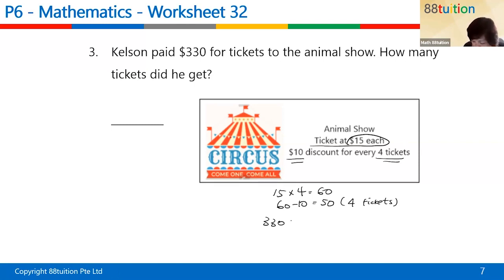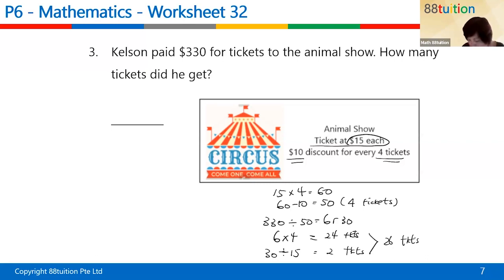So you use your 330 to divide by 50 to see how many groups of 50 you have. So 6, remainder 30. So you have 6 groups of 4 tickets, which will give you 24 tickets here. And then your 30 divided by 15, you get 2 tickets here. So all in all, you will have 26 tickets. Okay?